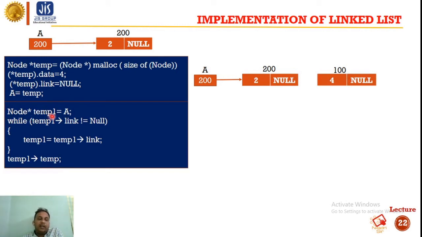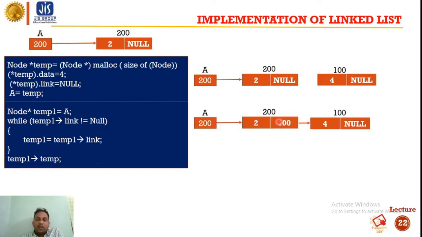Node pointer temp1 equals to a. That means this is temp1, this is a. While temp1 link is not equal to null, then we will put temp1 equal to temp1 link, and finally temp1 link equals to temp. So the link has been established.